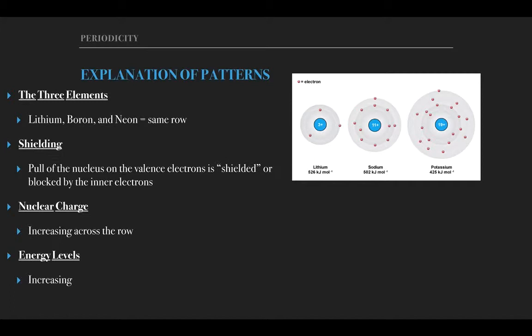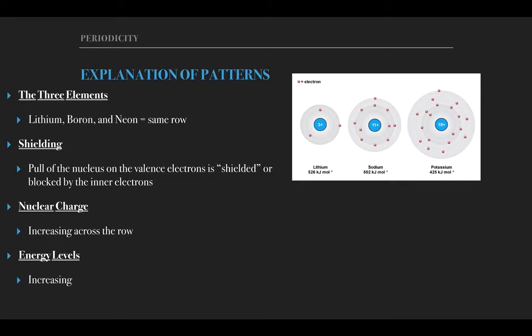Lithium, boron, and neon are all in the same row. Shielding is when the pull of the nucleus on the valence electrons is shielded or blocked by the inner electrons. Electrons are added to the same energy level. Shielding is consistent across the row.